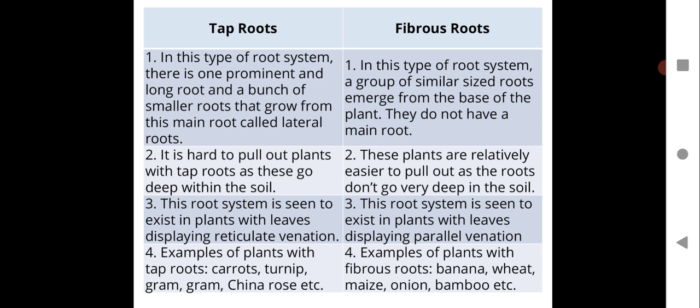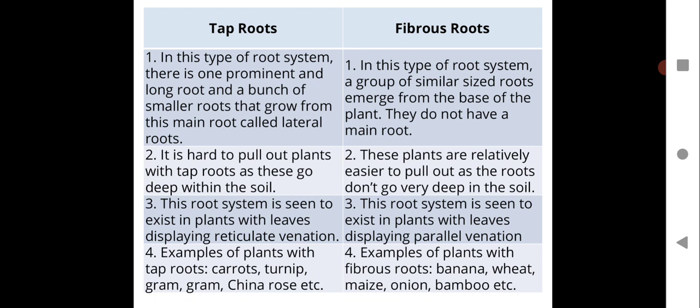Now here you have examples of plants which show taproots: carrot, turnip, gram, then you have China rose. Examples of plants with fibrous roots: banana, wheat, maize, onion, bamboo.